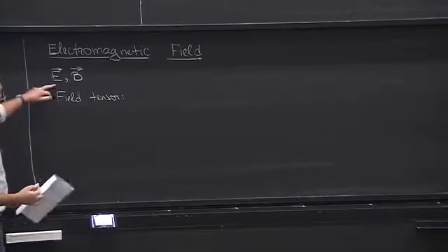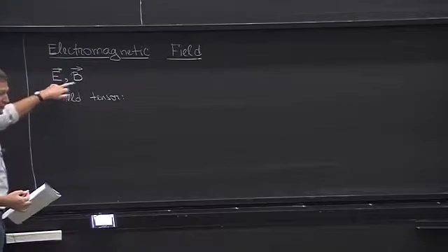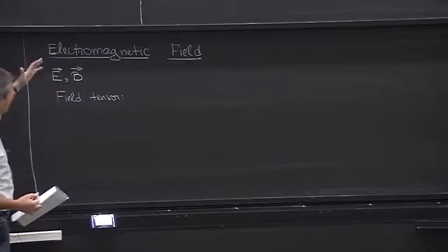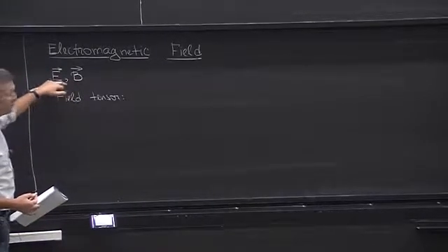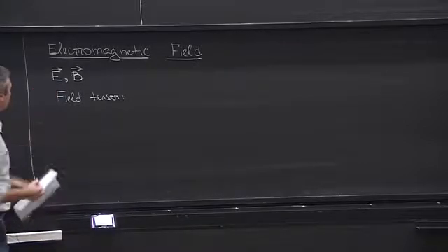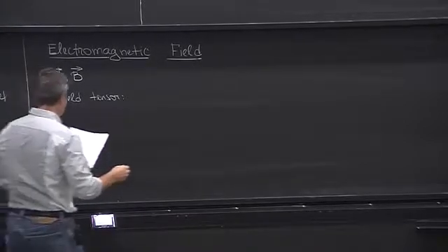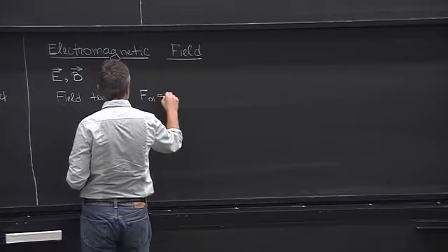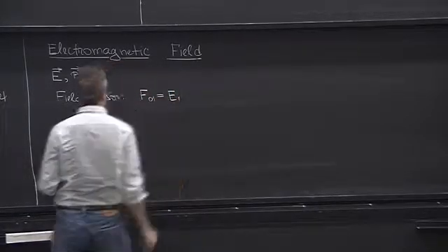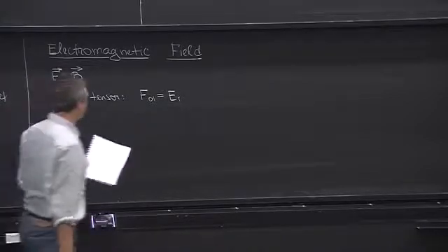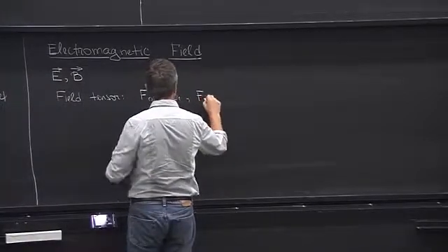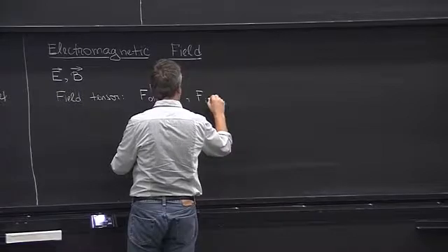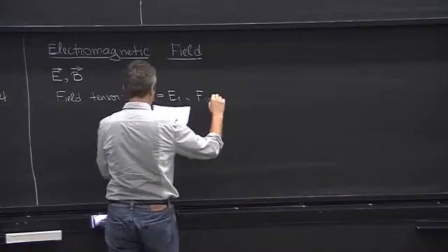They are not really components of 4-vectors, as one might think, but components of a rank 2 tensor with 2 indices, such that its time-like components form the electric field, and the space-like components correspond to the magnetic field.